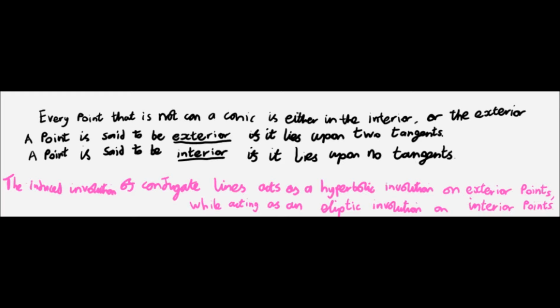So a tangent, as I just said, is a line which has one self-conjugate point, one member of the conic in its range.